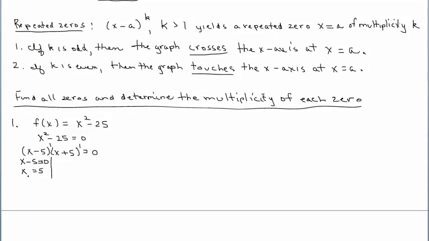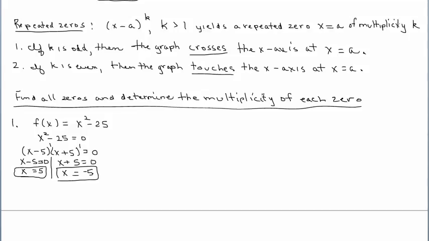So the zero x equals 5 occurs one time. And the zero negative 5 only occurs one time as well. There's no multiplicity. I just have two x-intercepts, one at (5, 0) and one at (-5, 0).